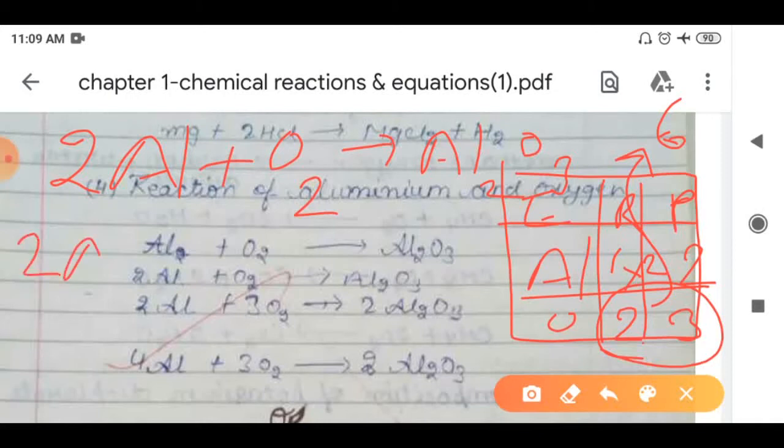So twice of aluminium plus this oxygen present here in the reactant side, I have to multiply this oxygen by 3, 3 O2, and Al2O3 is present in the right hand side. And wherever the oxygen atom is present in the product side, just multiply it by 2 in order to make it 6. So we have to do multiplication here, that is 2. Is it clear? Right?